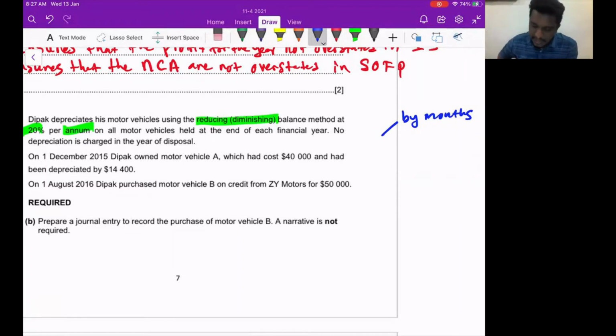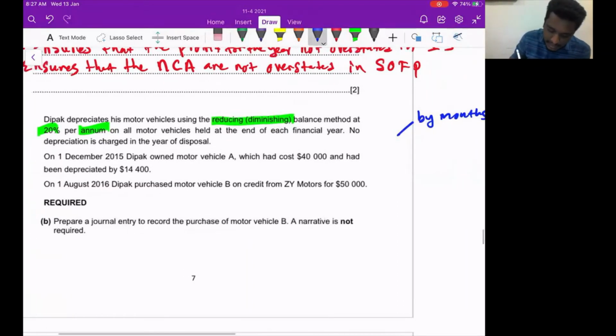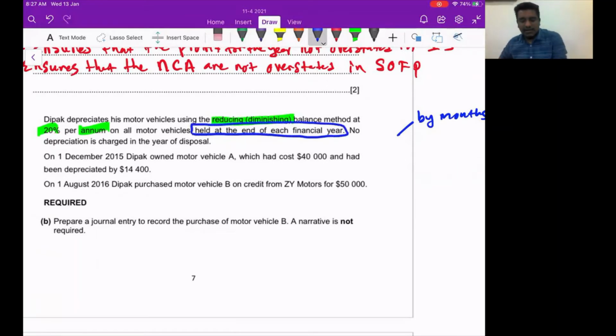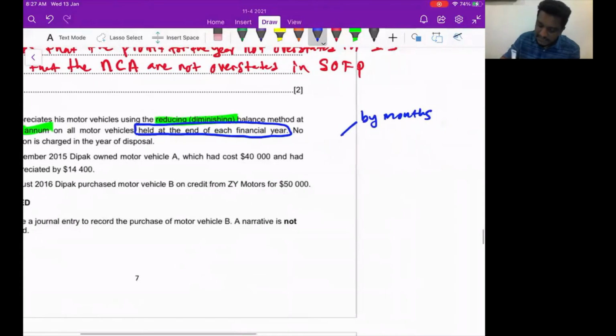Okay, but now the question here says depreciation on all motor vehicles held at the end of each financial year. It means they will calculate by year.